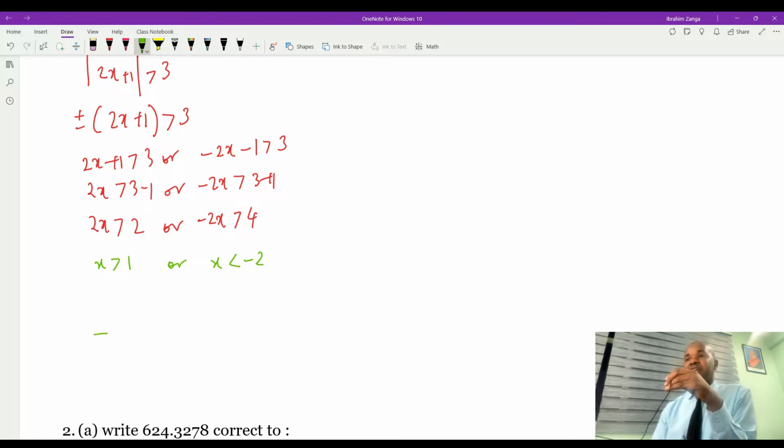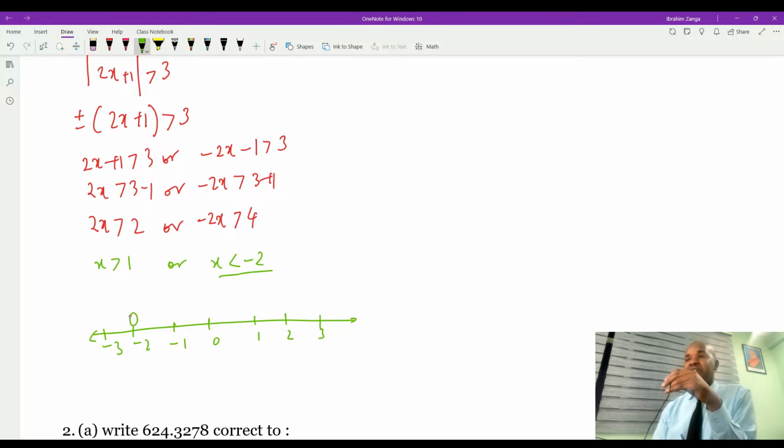So to show this on a number line, we're going to have a number line where you have 0, 1, 2, 3. Then you have negative 1, negative 2, negative 3, and so forth. So I'll be starting with this one. x is less than negative 2. So negative 2 is here.